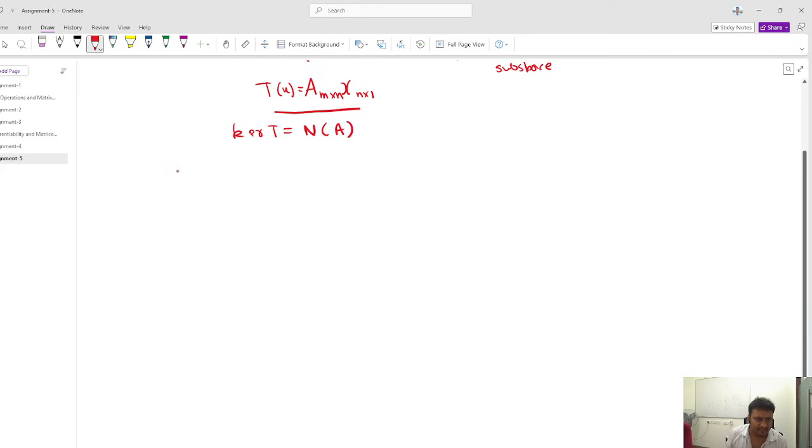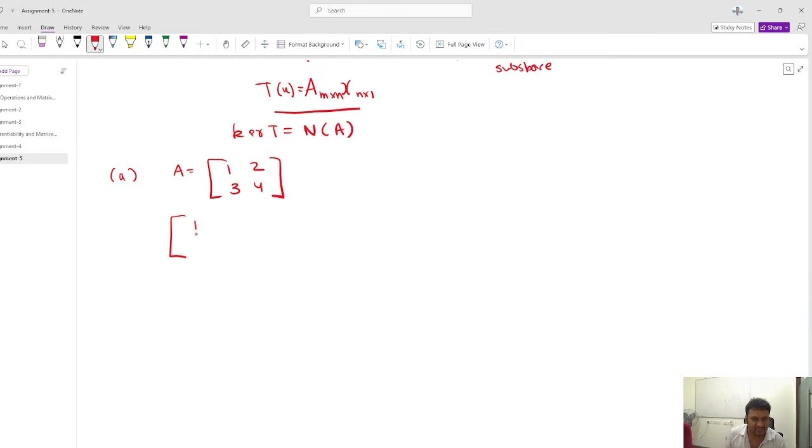So what is the A part? The matrix given is 1, 2, 3, 4. Basically, it amounts to solving a system of equations where the right-hand side is 0, 0. So you consider this augmented matrix. Let us apply a row operation. Tell me what row operation I should apply.